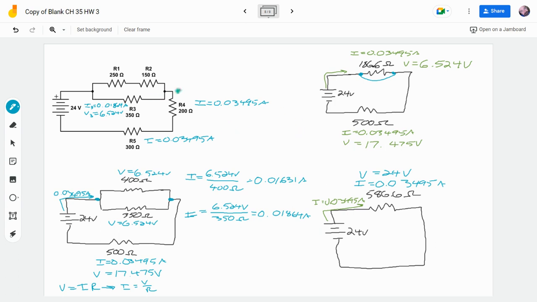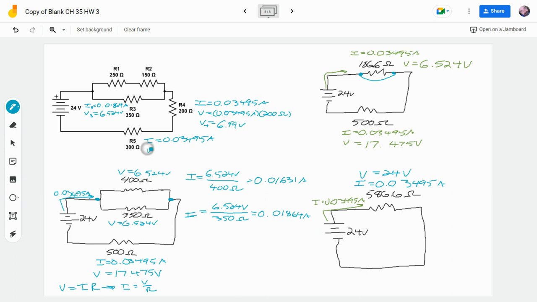So I did figure that out. I could do Ohm's law. I'll do it right here. If I want to know the voltage across R4, well, that's just going to be Ohm's law again: 0.03495 amps times the resistance of 200 ohms. Let's call it V4. 0.03495 times 200 is 6.99 volts.